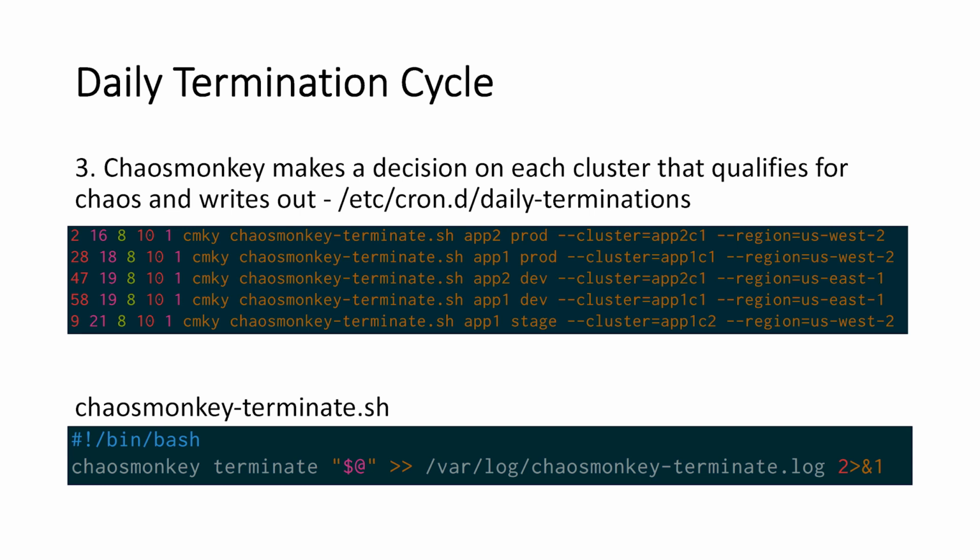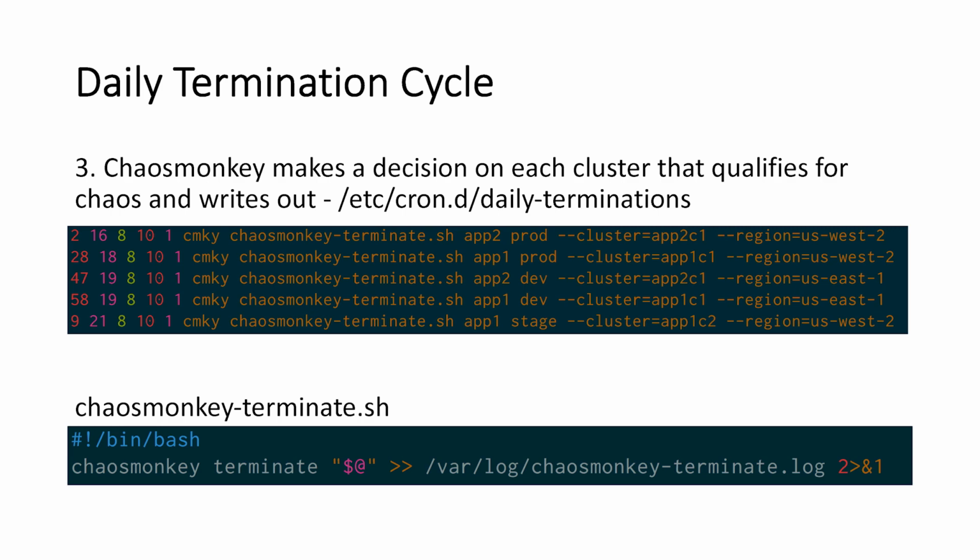And to do the terminations, it's calling a shell script, and then it's providing some extra details, which is name of application, environment, cluster, region. And those get passed to the Chaos Monkey terminate shell script, which then just runs the binary, supplies that information, and saves a log. So when that's run, for each of these times, it's going to write to that log, terminate the instance, write to your database, and move on and just wait for the next termination order to come.